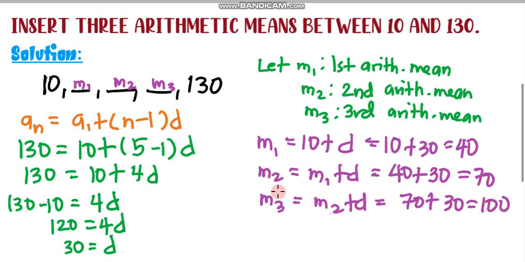And if you're going to check this one, di ba? 100 plus 30 is 130, which is the next term after M sub 3.